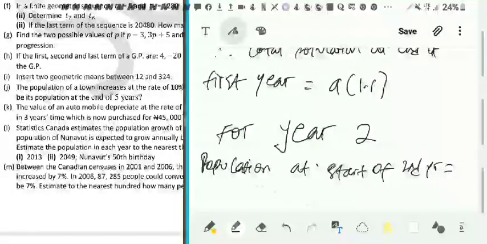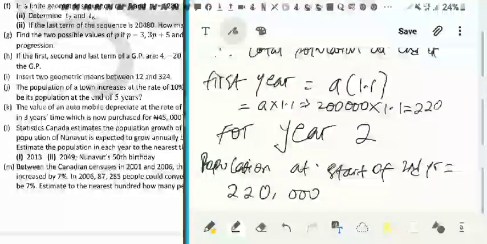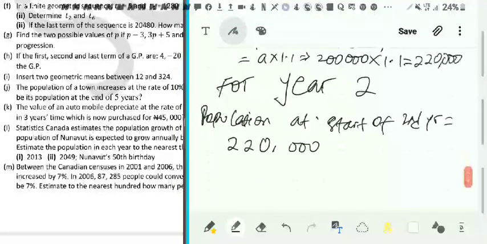That's going to be 220,000. If you substitute here, 200,000 times 1.1, it will give us 220,000, same as what we got at the end of the first year when we were solving normally.